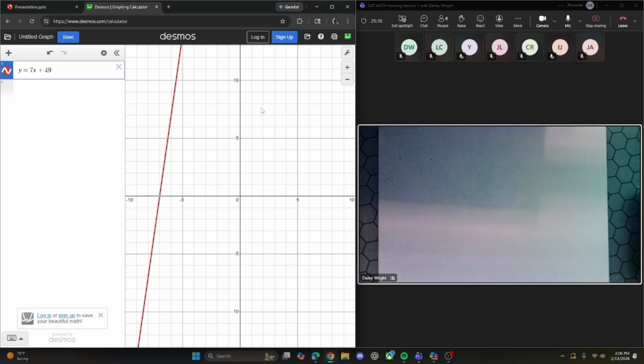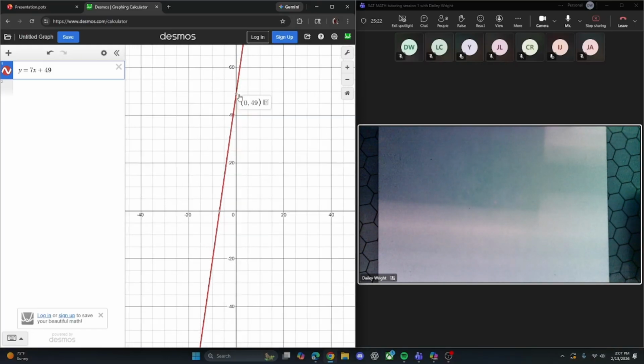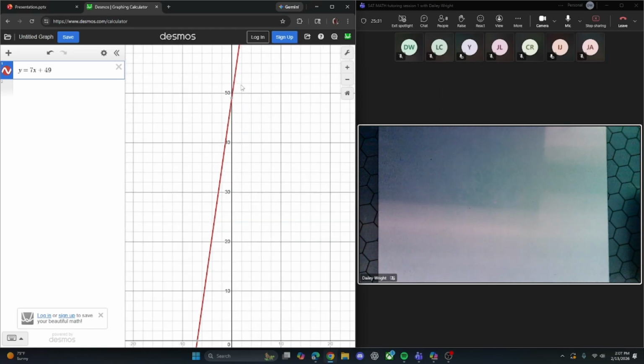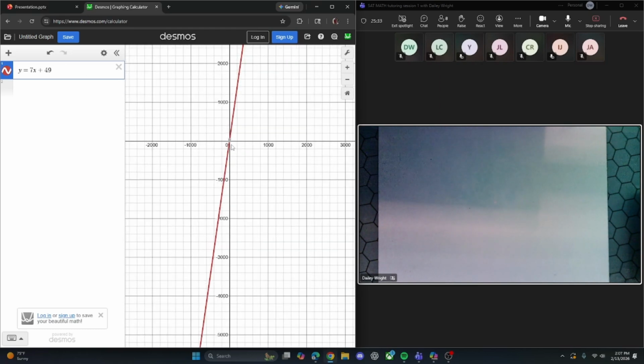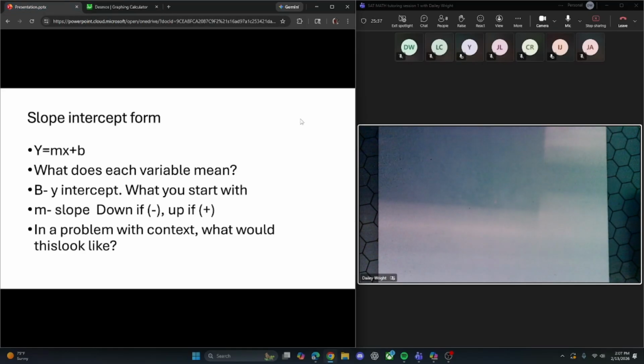I obviously can't see that in the graph right now, but let me zoom out. 49 is going to be my y-intercept. As long as it's in this form, your y-intercept is going to be your b. And yeah, zoom in, zoom out on Desmos. You're going to need to use that tool a lot, so make sure you know how to do that.